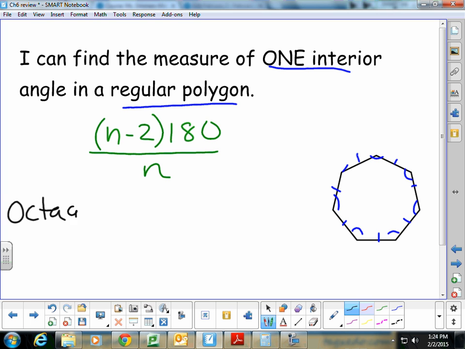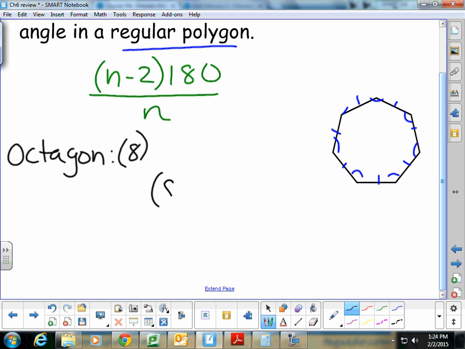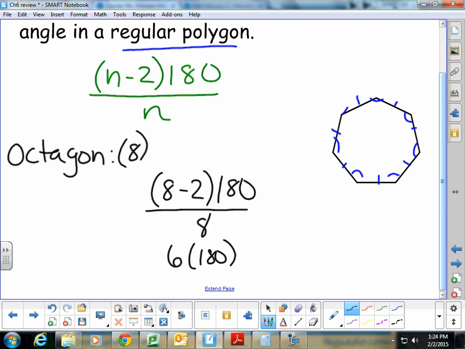Octagon, which is an 8-sided figure, then you're going to do 8 sides minus 2 times 180 is the sum, divided by 8. So on the top, I get 6 times 180 over 8.